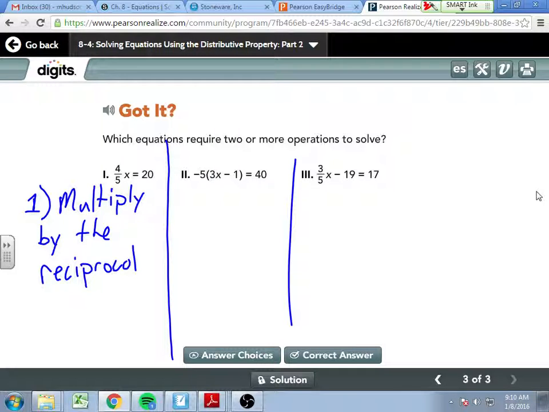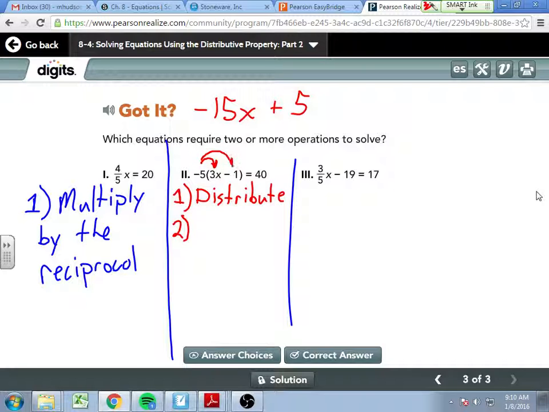So more specifically, the first thing that we would do here, distribute. So you want to write under number 2, the first thing we do is distribute, and you want to number that a number 1, because after we distribute, this would turn into negative 15x plus 5, because the negative 5 times the negative 1 would combine to make a positive 5, and that will equal 40.